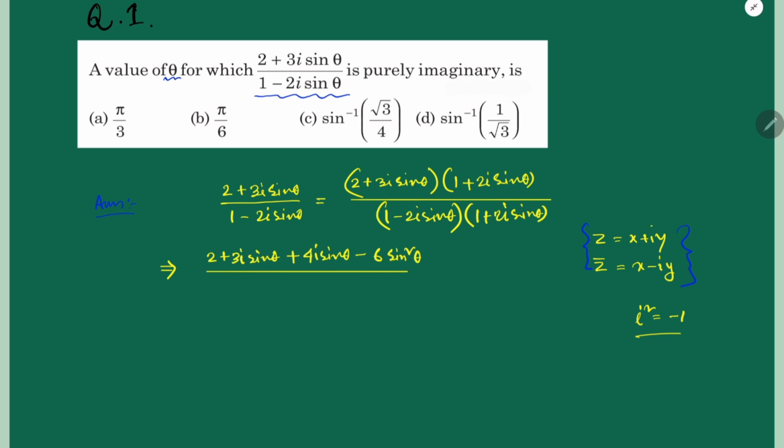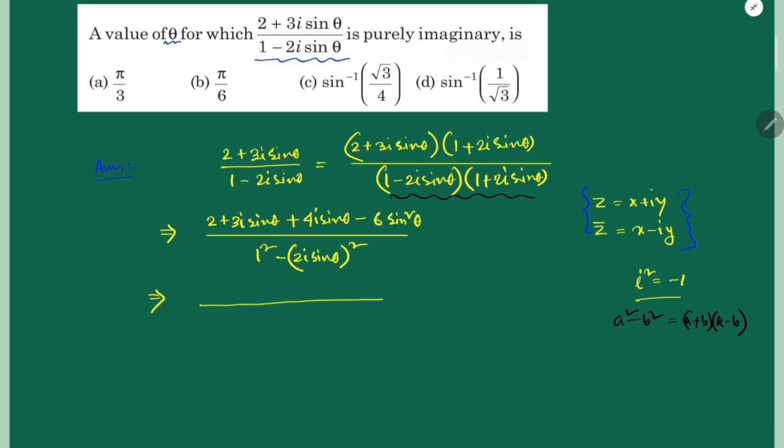And for the denominator we use the formula a square minus b square equal to (a + b)(a - b). This is the formula.